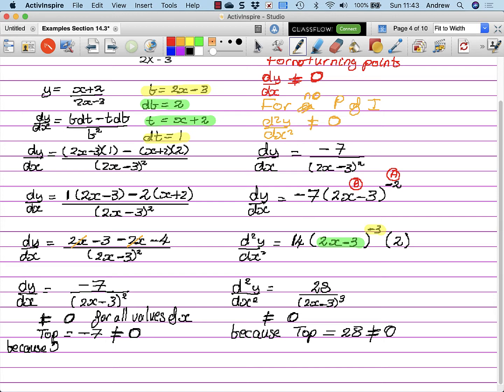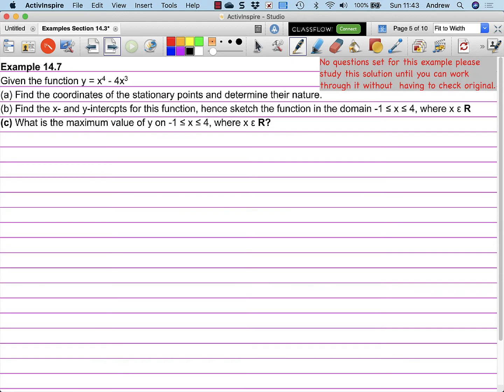Okay, moving on to the next example. Well, the next example looks a bit longer, but in actual fact, we're going to be treating it in exactly the same way. It says here, you've got y is equal to x to the power 4 minus 4x cubed.